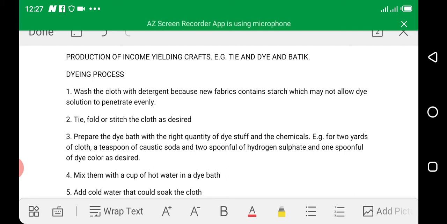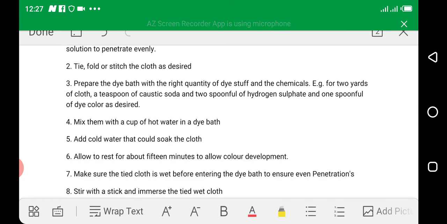For every 2 yards of fabric, you use a tablespoon of caustic soda, 2 spoonfuls of hydrogen sulfate and 1 spoonful of dye solution as desired.